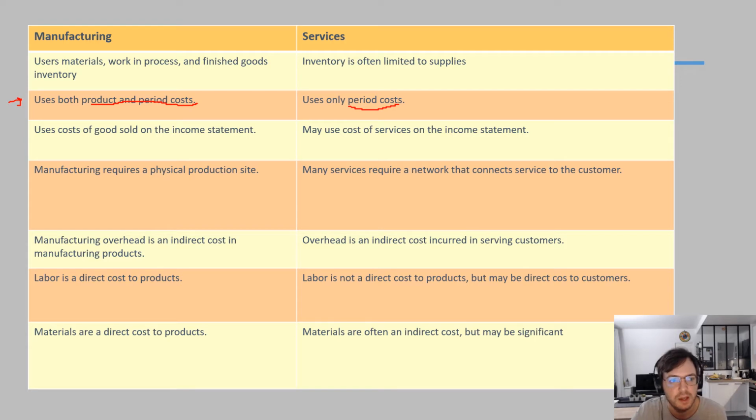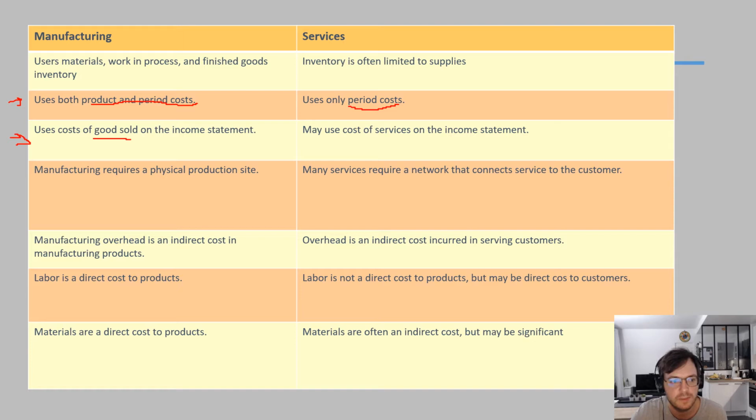The third difference is that manufacturing uses cost of goods sold on the income statement, but services may use the cost of services on the income statement. So we adapt the nomenclature of the category, because it really doesn't make sense for a service to talk about the cost of goods sold.